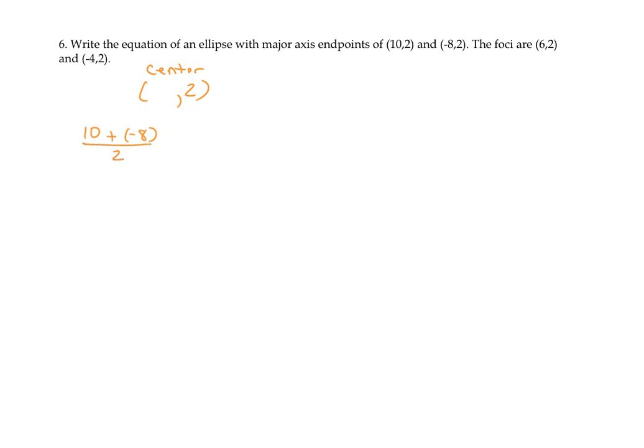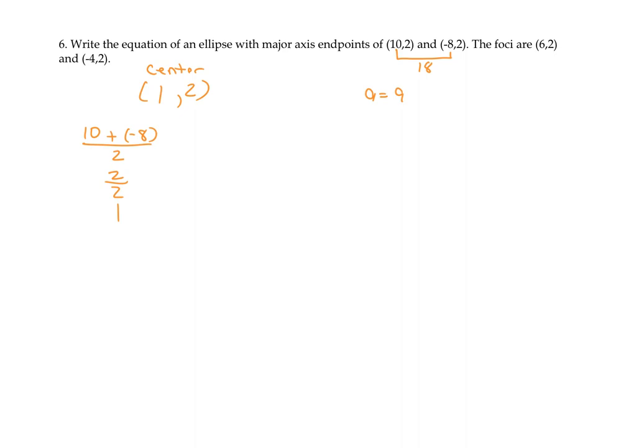So 10 plus negative 8 is 2. 2 over 2 is 1. So my center is at (1, 2). And now I look, and from 10 to negative 8, that space is 18. So half of that is 9, so my A value is 9.